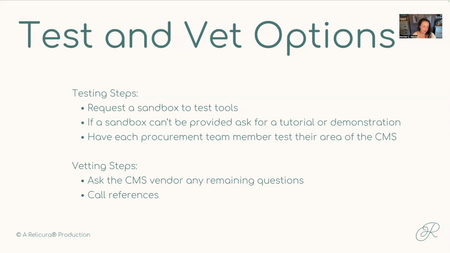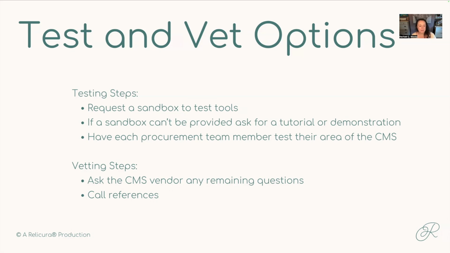If a sandbox can't be provided, then you definitely need to ask for a tutorial or a demo of the product. You can specifically request to see areas that are of most importance or interest to you, which is to the benefit of the vendor because they want to make sure they're being scored appropriately, which is completely up to you and what you need.